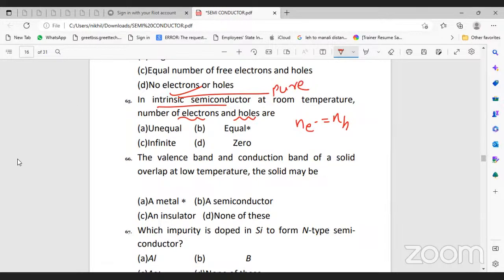Pure semiconductor means an intrinsic semiconductor. Valence band and conduction band overlap only in the case of conductors, or metals. So in the case of metals, the forbidden energy gap will be 0. That means both energy bands, the valence band and the conduction band, will overlap.